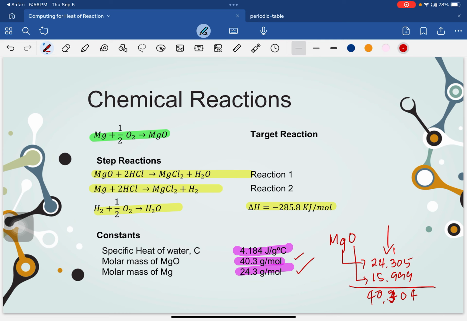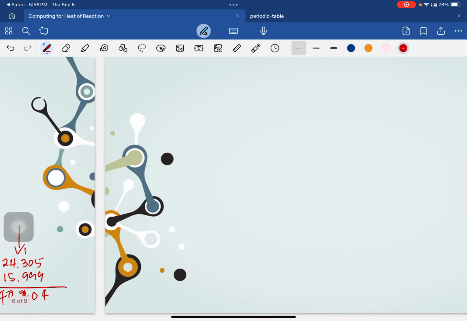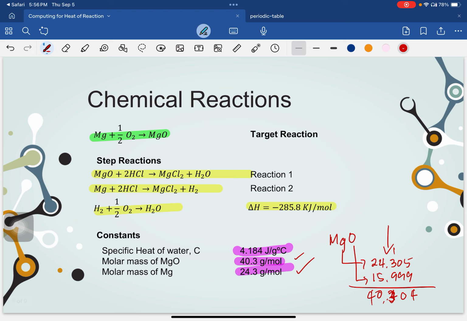So the next step, knowing that data, is solving for the heat quantities for each reaction.